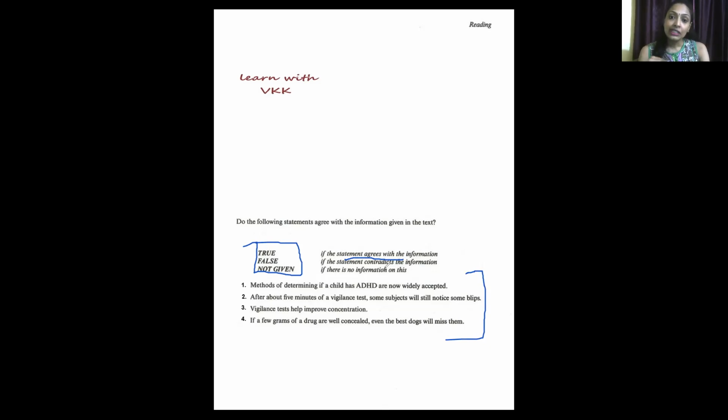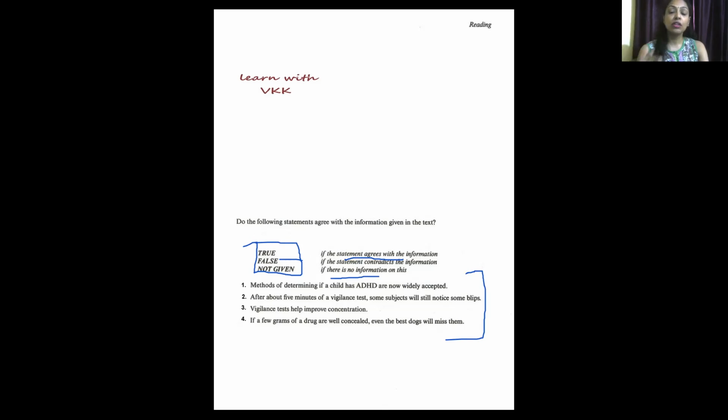And if the writer says something and the information says something else, that means that there is some kind of contradiction, a contradictory element can be observed, then it is false. And if I'm not able to figure it out, it's not there in the passage, then it is not given. So now we know that we are going to answer in true, false. Again, I repeat, don't write yes, no for a true or for a false, okay?